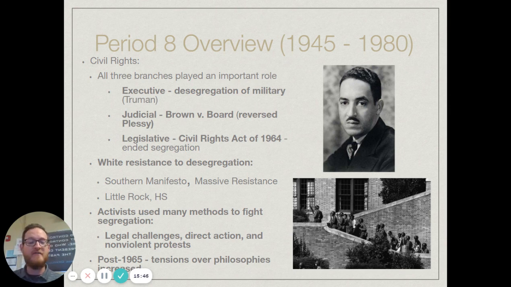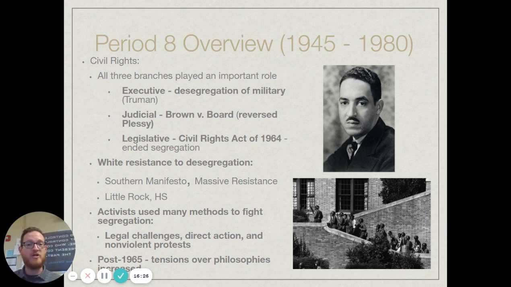Now, activists used many, many methods to fight segregation. Of course, legal challenges. For example, Brown versus Board was 5 different cases being brought before the court. Also direct action and nonviolent protests, of course, led by Martin Luther King Jr. And that is going to serve as one of the big things that sways public opinion in favor of African American civil rights and using the government to do that, because people see these images on TV from the Deep South of Bull Connor and his dogs and fire hoses attacking African American protesters who are being nonviolent, and that really changes people's perspective.